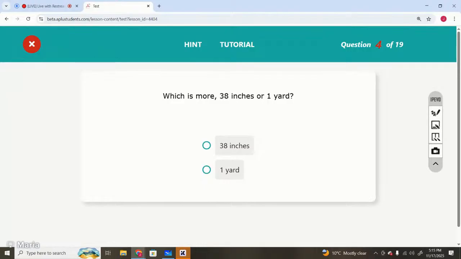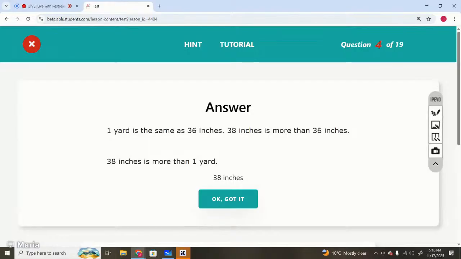Which is more, 1 yard or 38 inches? 1 yard is the same as 36 inches, so 38 inches is more than 36 inches.